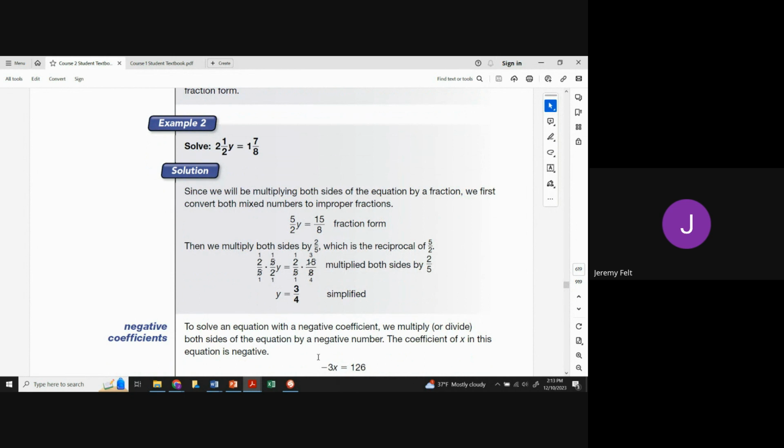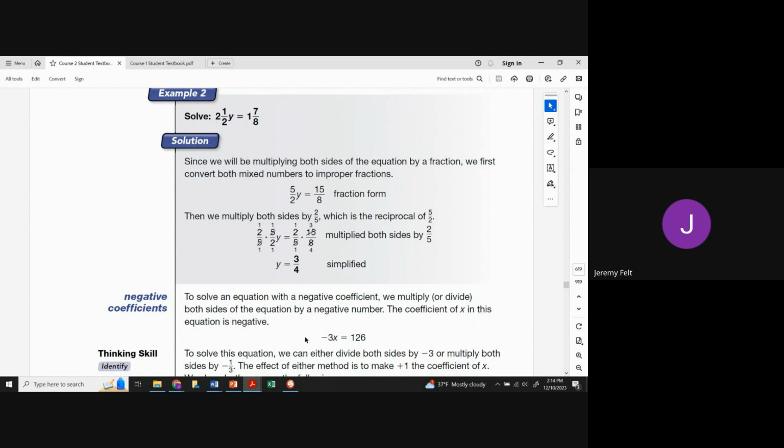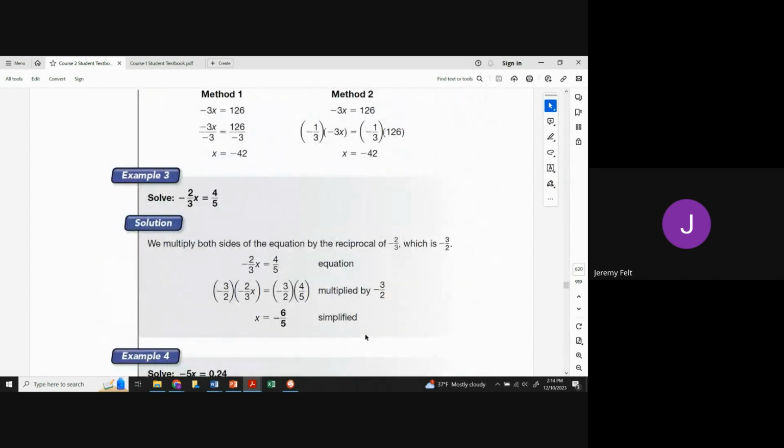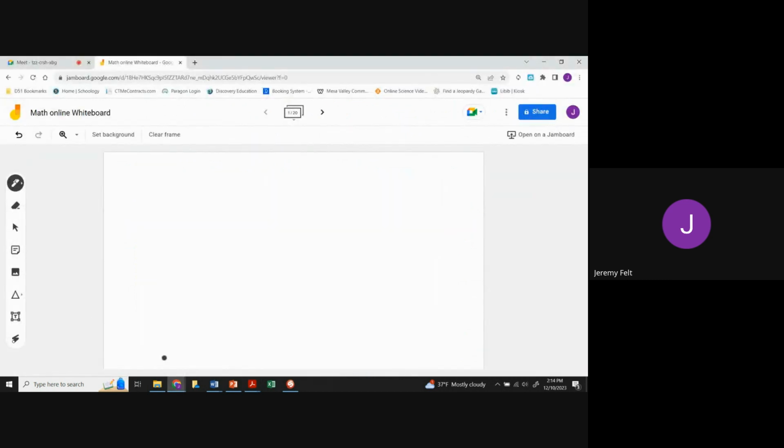Negative coefficients, again, just means we have a negative number right there. And it's still the same thing. If I have negative 3x equals 126, I'm going to divide by negative 3 to both sides. So if I have a negative and a fraction, over here, so I have 2/3 x equals 4/5.